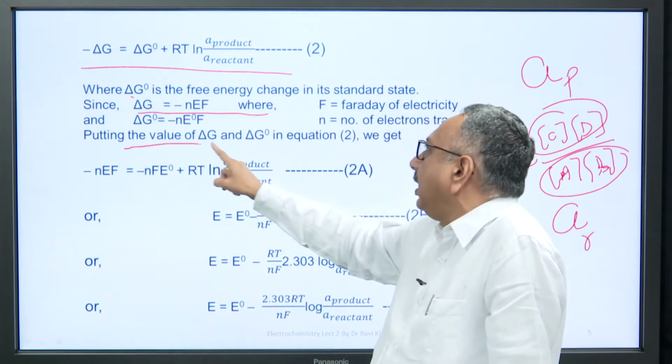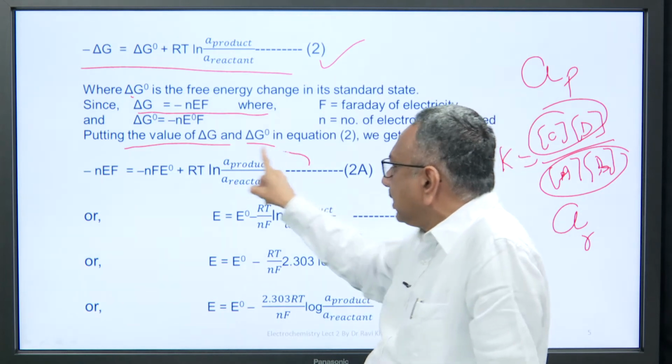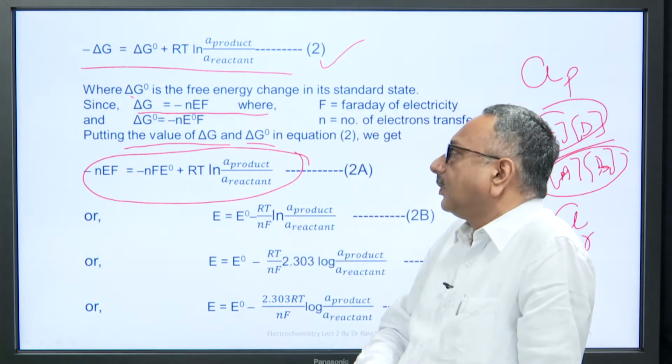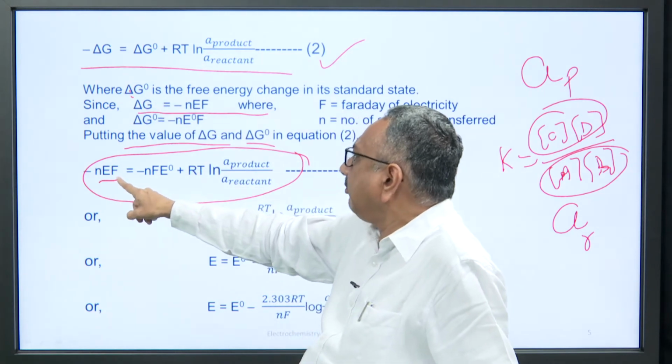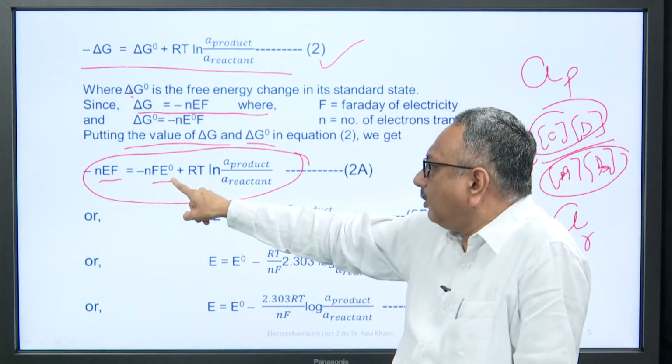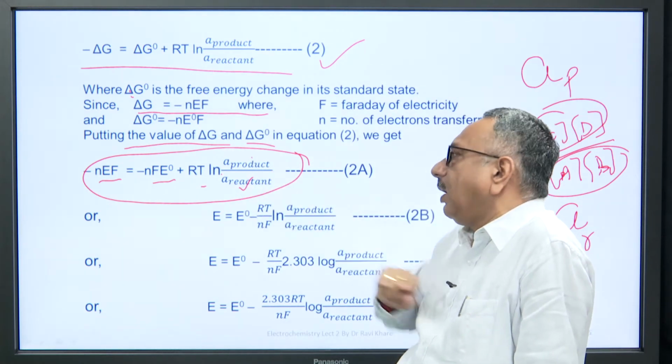Putting the value of delta G and delta G 0 in equation number 2, we get minus nEF equals minus nE 0 F plus RT natural log of activity of product upon activity of reactant.